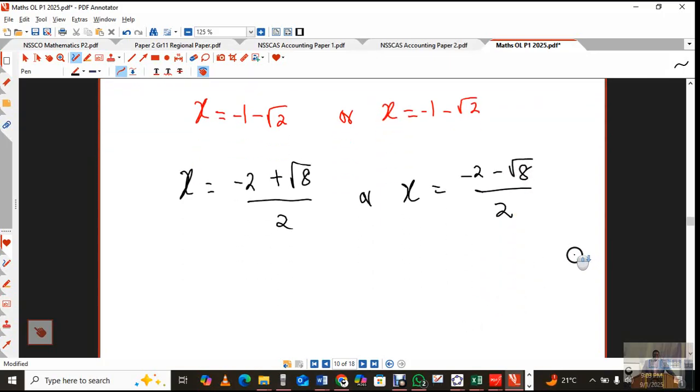Okay. Now, if you look at the number 8, 8 is nothing but 4 times 2. So the square root of 8 is the same as the square root of 4 times 2, or the other way around, 2 times 4.